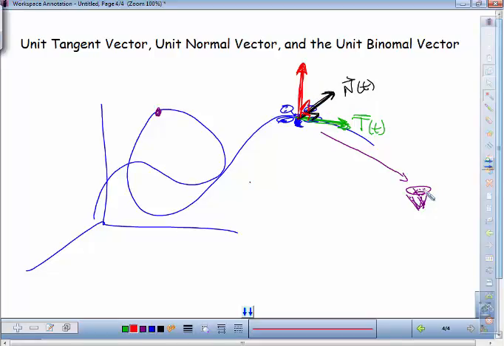Because now, if I want to look at this basket right here, I can use, I was going to say linear algebra, but I can use the combination of t, n, and what should we call this third vector? B, for binormal.